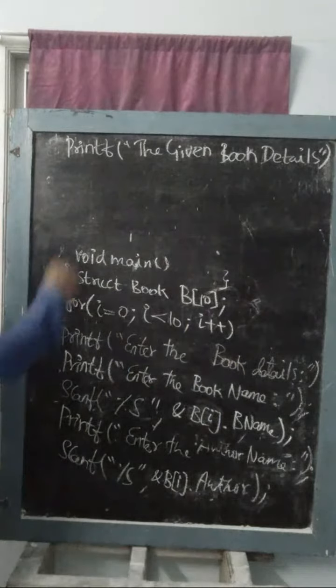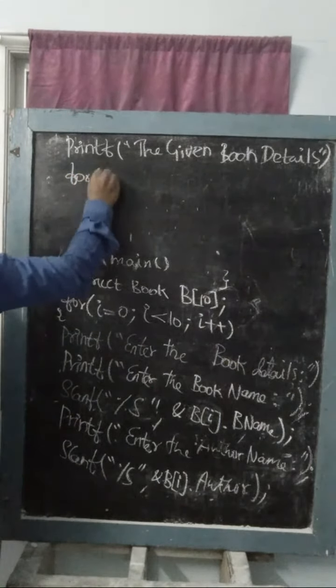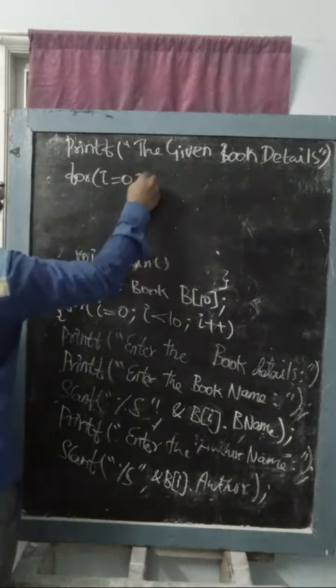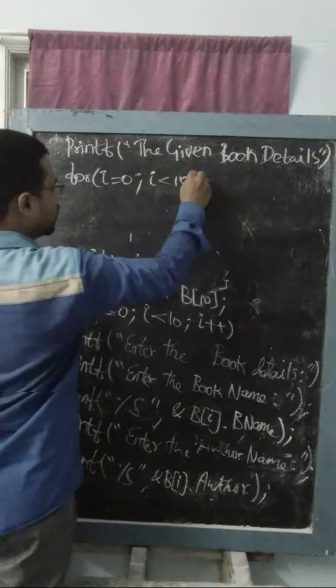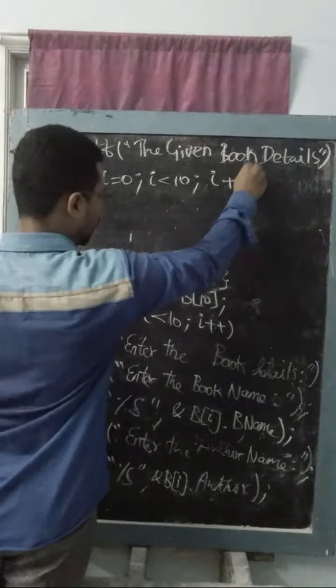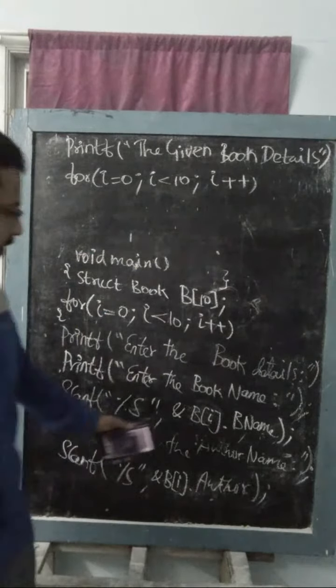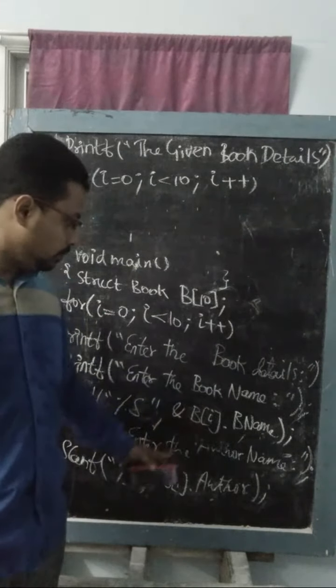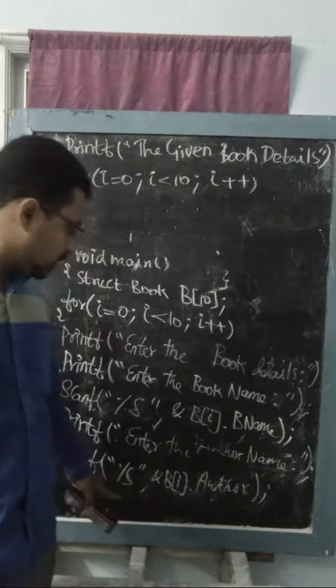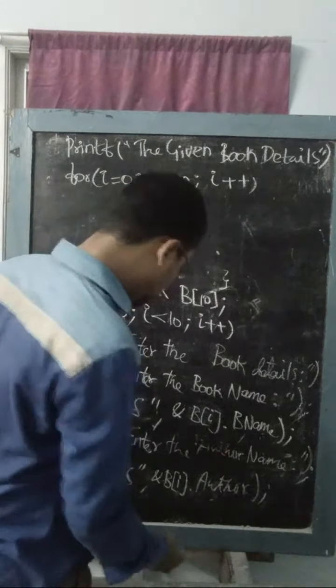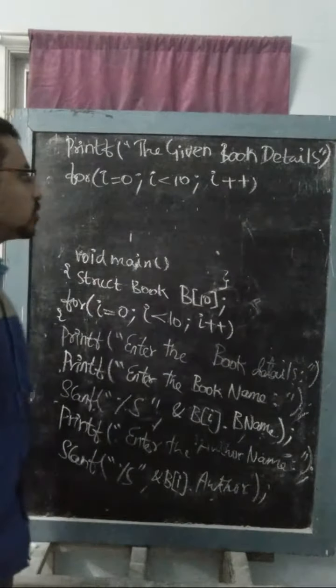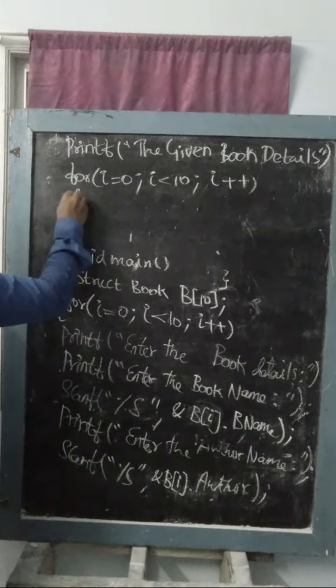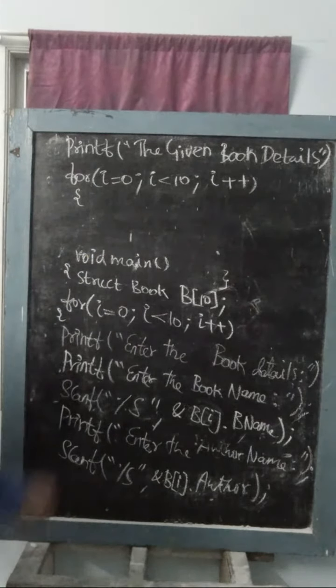Okay, so I'm just starting the for loop. For I is equal to 0, I less than 10, and then I plus plus. I want to print all the book details like book name, author name, and price of the book.